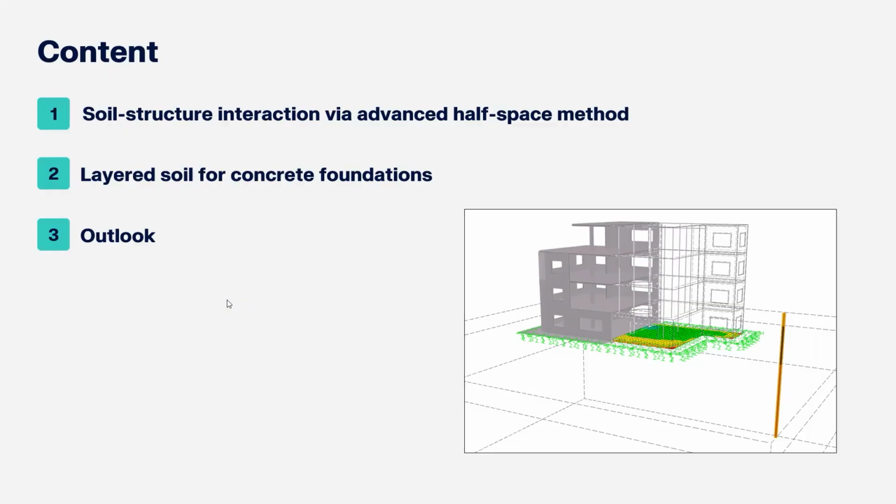In RFEM 6, with the add-on Geotechnical Analysis, we provide, on the one hand, the finite element analysis for soil with specific and advanced soil material models. And on the other hand, we provide the advanced half-space method for consideration of soil structure interaction. And this is what we will have a look at today in detail.